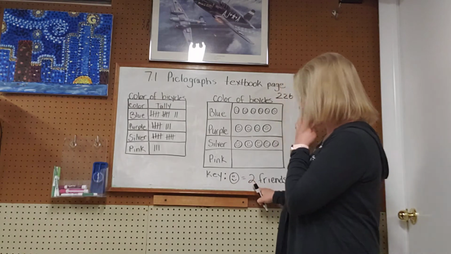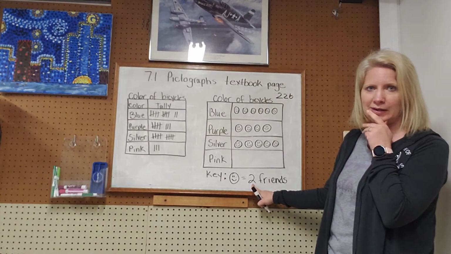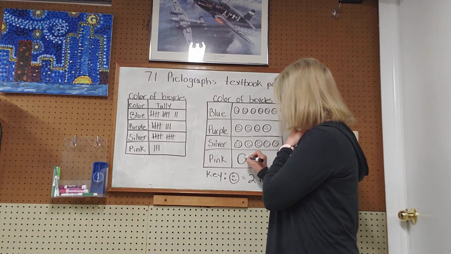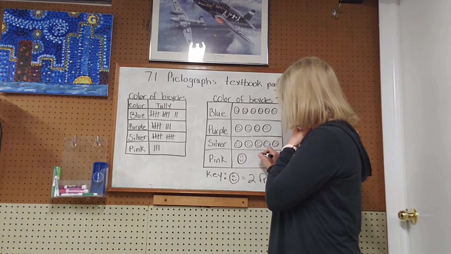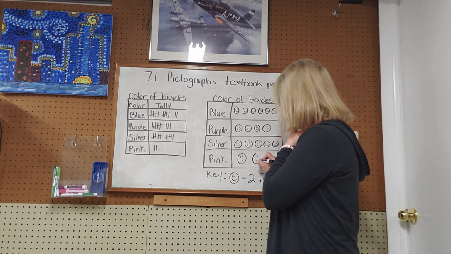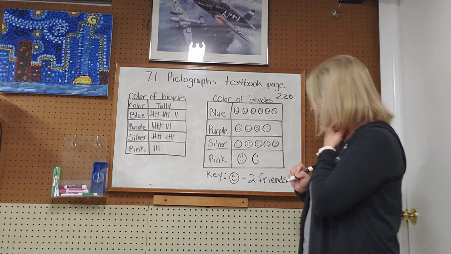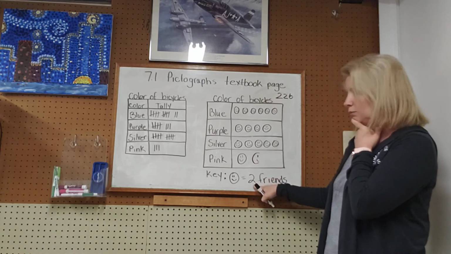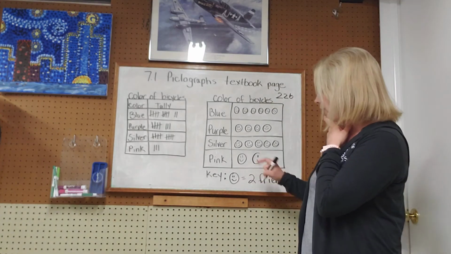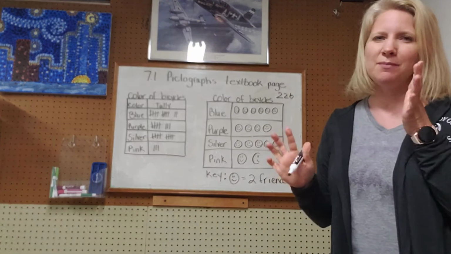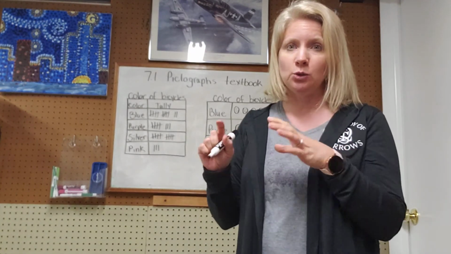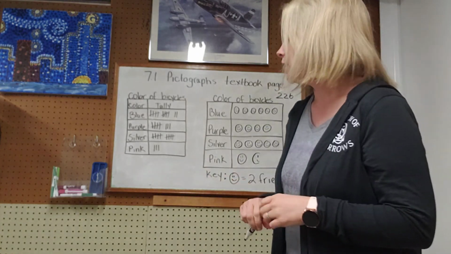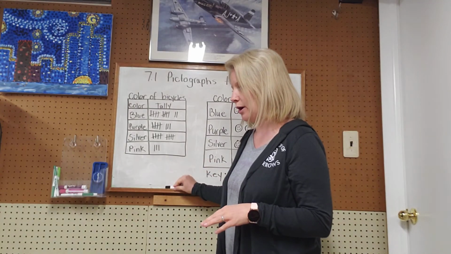Remember, I said, what do we need to do if we have 3? Well, there's 2, and then we have to draw half of a little smile guy. There's one eye and half of his smile. So that would be 2, and then half would be 1. So 2, 3. That makes it a little bit more tricky if each one is worth 2. It's up to you how you do it on your pictograph.